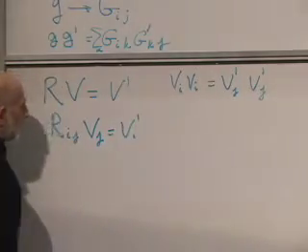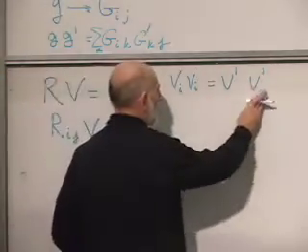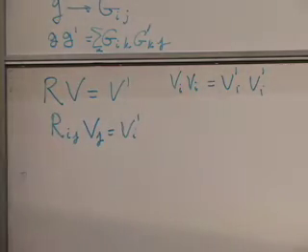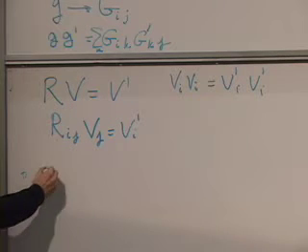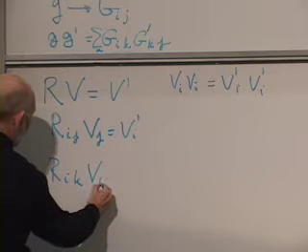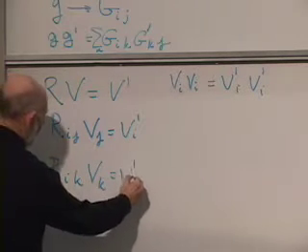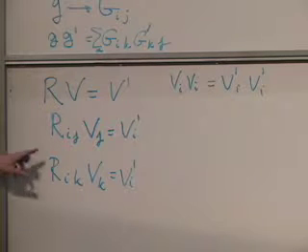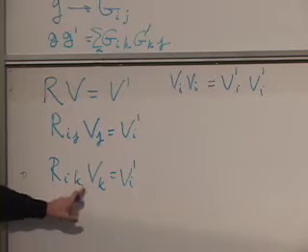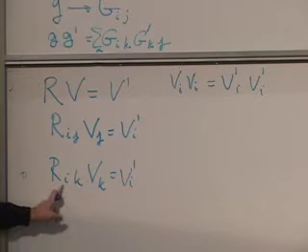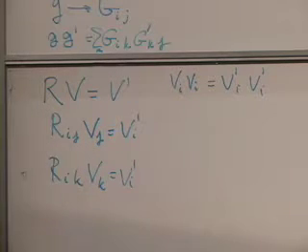Let's write the same equation again: Rik Vk equals v prime i. I've changed this dummy index, the summation index, because I don't want to conflate it with this one here. But this one is the same as this one.